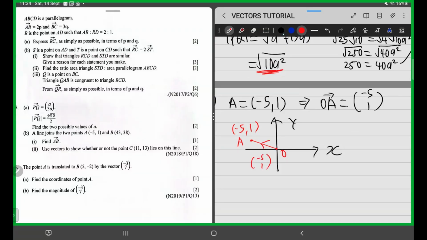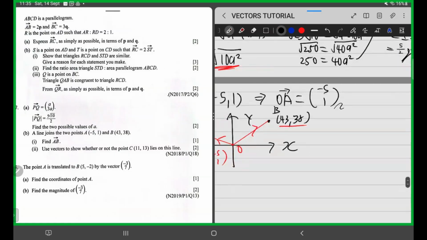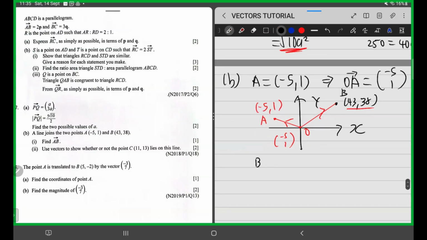And then for B, it's (43, 38). So let's say B is like somewhere here. (43, 38). Here's B. So your position vector of B, likewise, is just this. So I'm just going to write here. B is (43, 38).